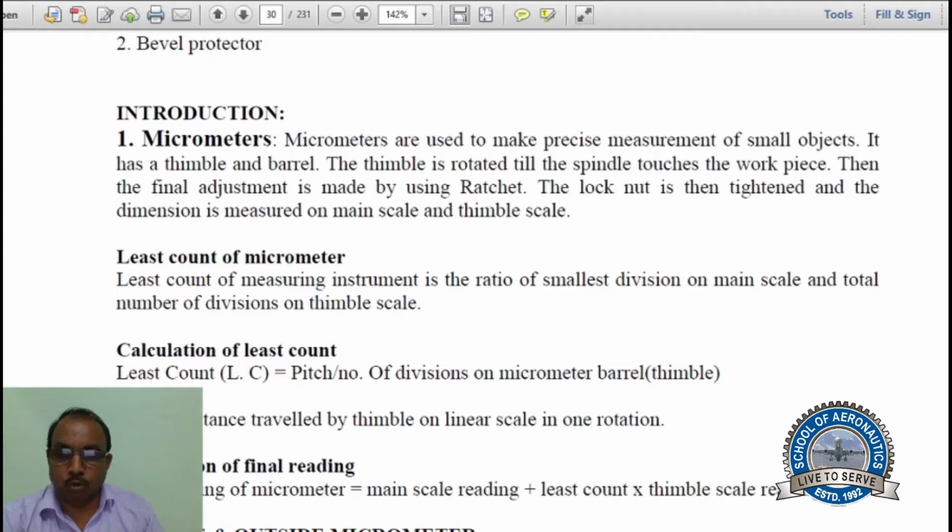Calculation of least count. Least count equals pitch divided by number of divisions on micrometer thimble, where pitch equals distance travelled by thimble on linear scale in one rotation.